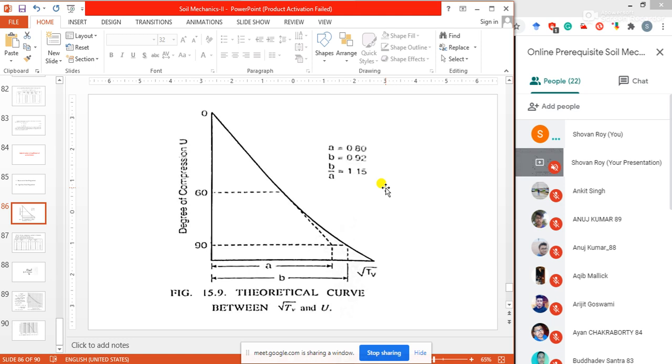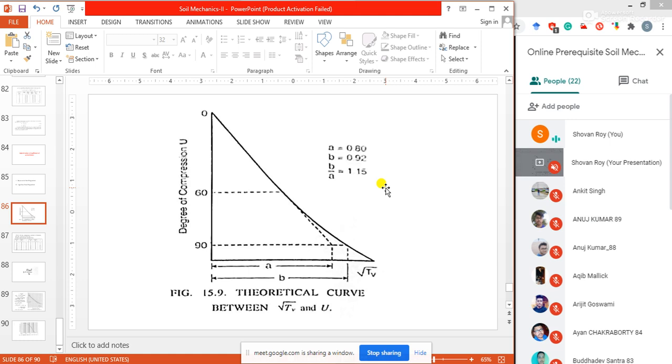The aim of showing this curve is that the use of these characteristics of the theoretical curve to determine the 90% degree of consolidation point on a laboratory time consolidation curve was suggested by Taylor.